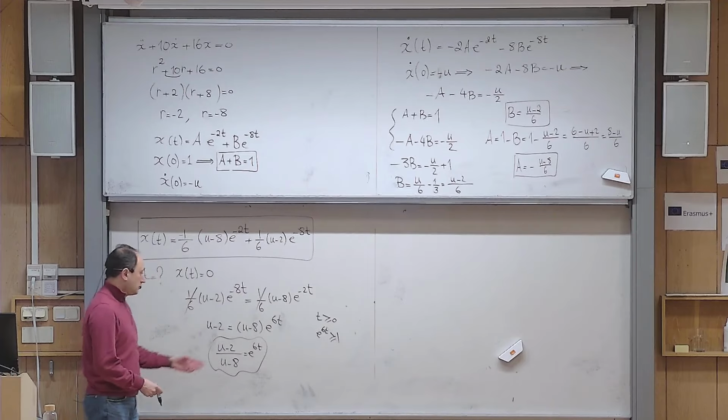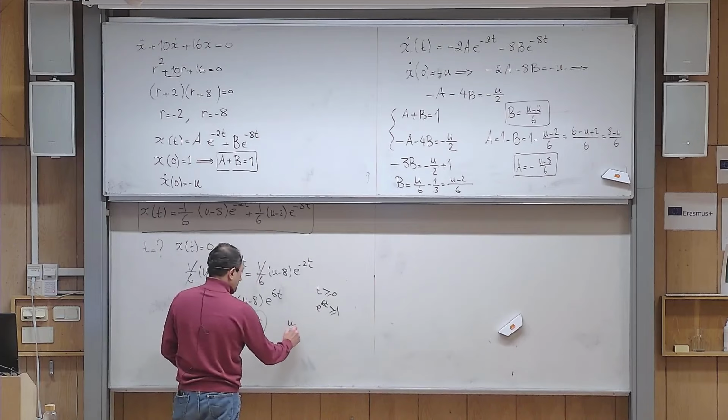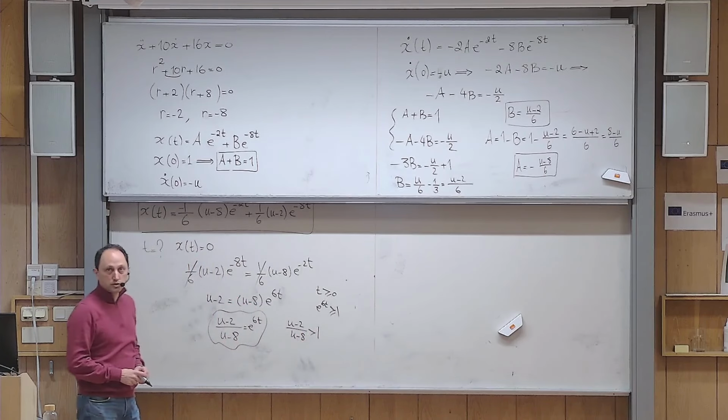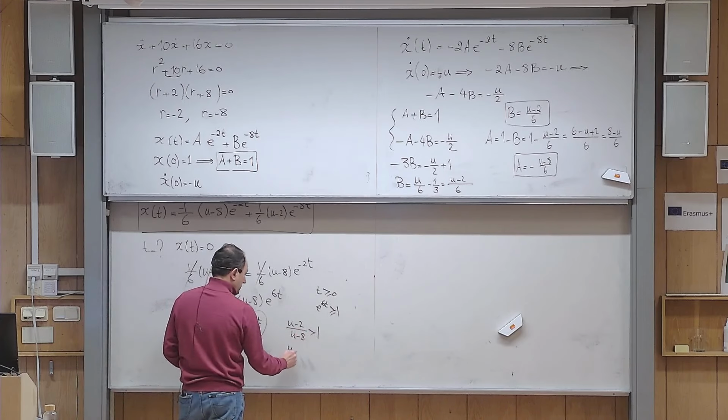Yes? So this equation has a solution if u minus 2 over u minus 8 is greater than 1. Otherwise, we do not have any solutions for this equation. And if I want to know the condition, I move this to the left.